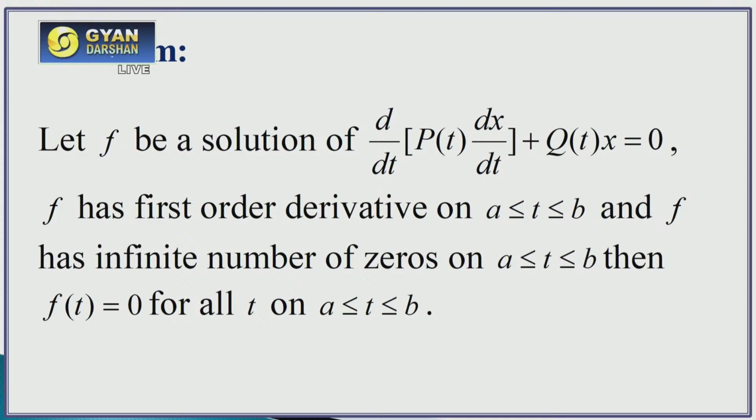If you have a self-adjoint equation, we can identify some properties of the solution, then we can identify the complete solution. And here, if this property is satisfied, the solution becomes identically 0. Let's see the proof in the next slide.